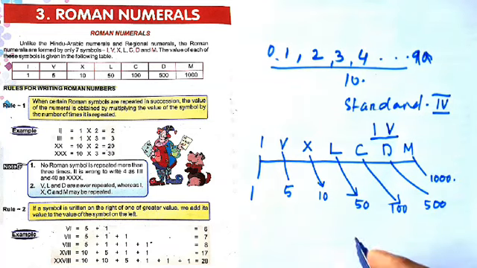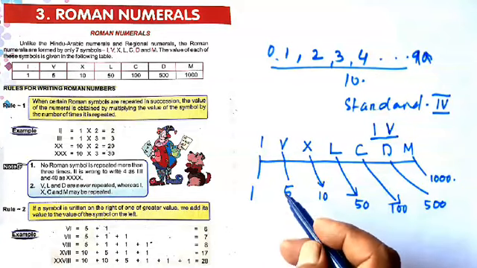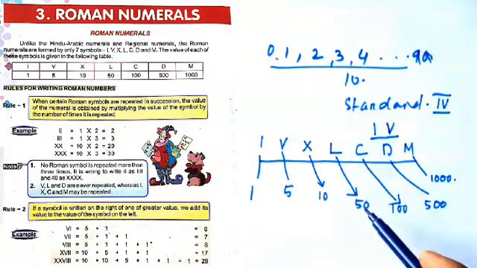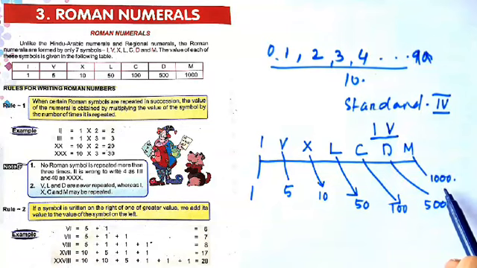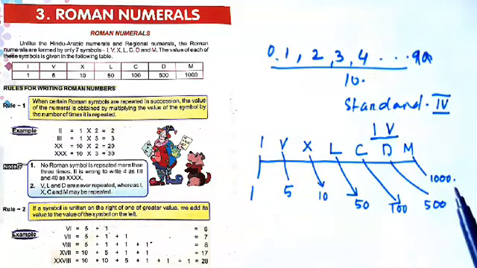Now you have to remember these numbers. I means 1, V means 5, X means 10, L means 50, C means 100, D means 500 and M means 1000. 1, 2, 3, 4, 5, 6, 7 symbols.